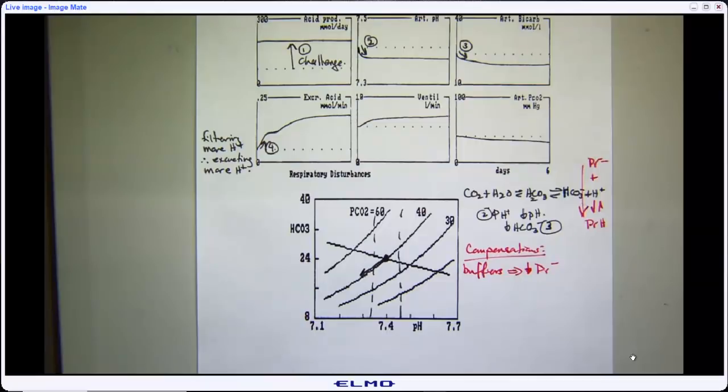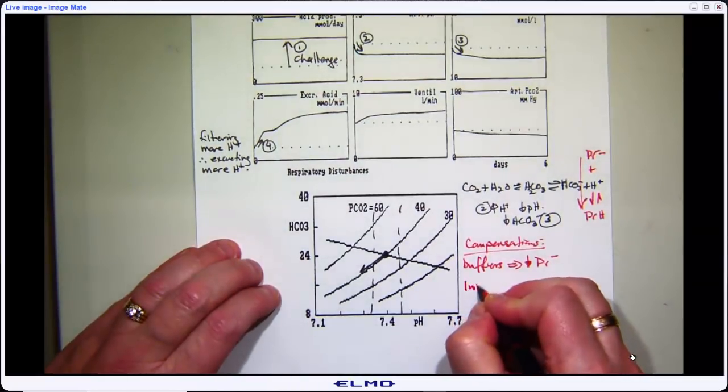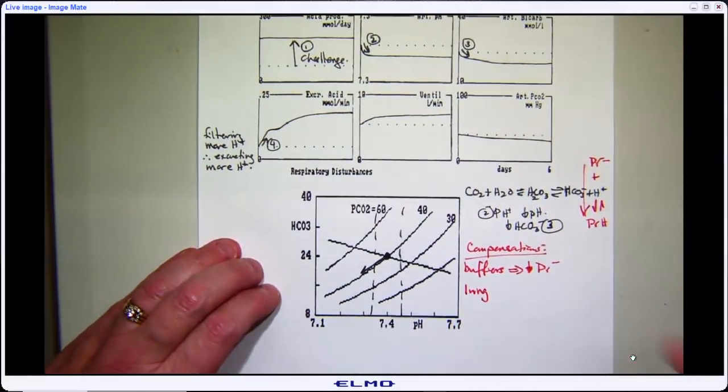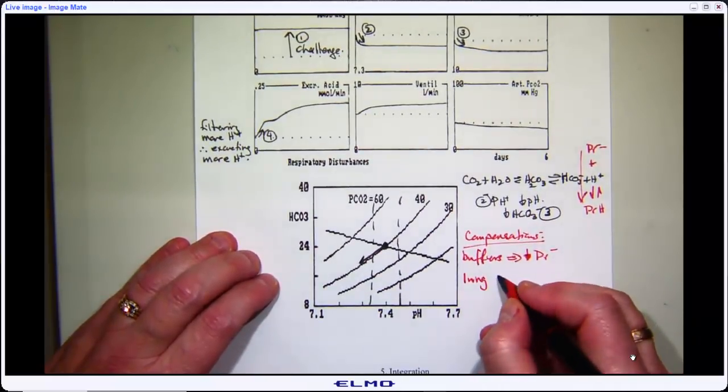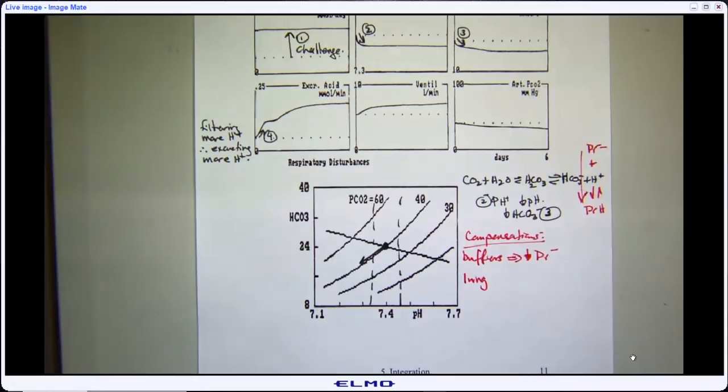Perfect. At the level of the lung, what would be happening here? Increase hydrogen ion. Is that going to provoke the ventilation system to do anything?